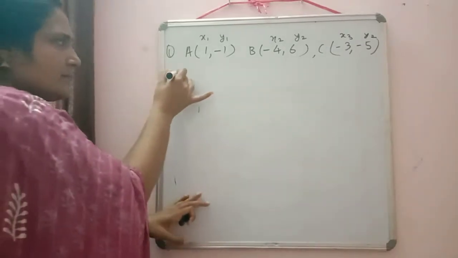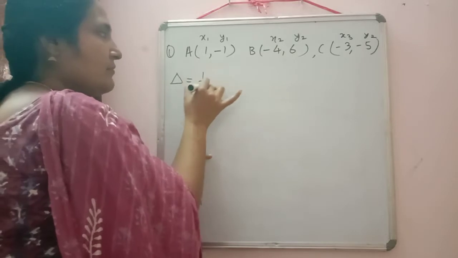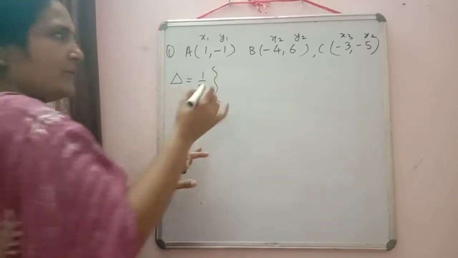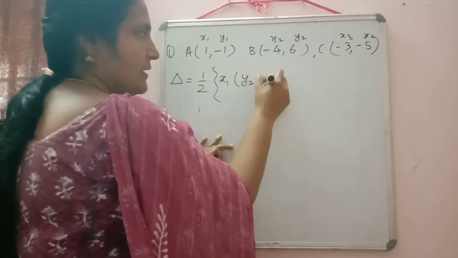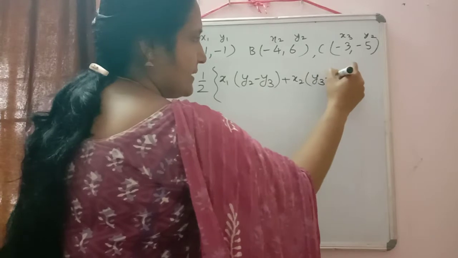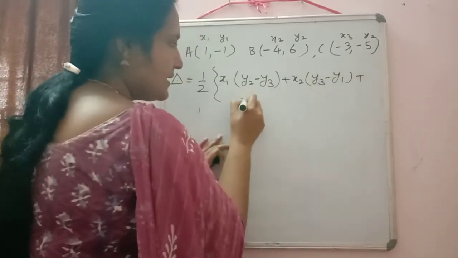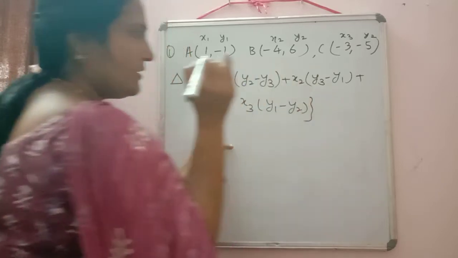Now we can use this symbol for area. Area is equal to half into x1 into y2 minus y3 plus x2 into y3 minus y1 plus x3 into y1 minus y2. We wrote the formula.